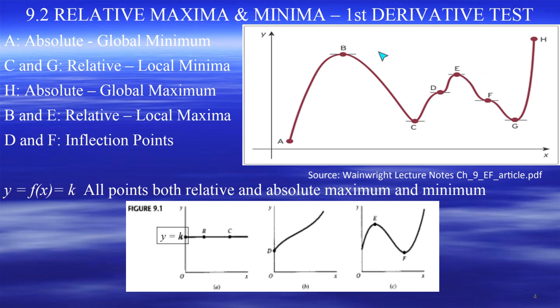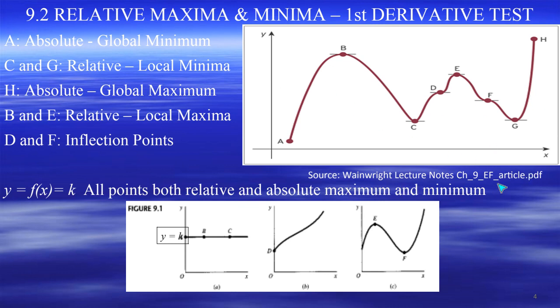Also about maxima and minima, we can speak of absolute or global maxima and minima in a function, and relative or local maxima and minima in a function. To understand better, just look at this figure.